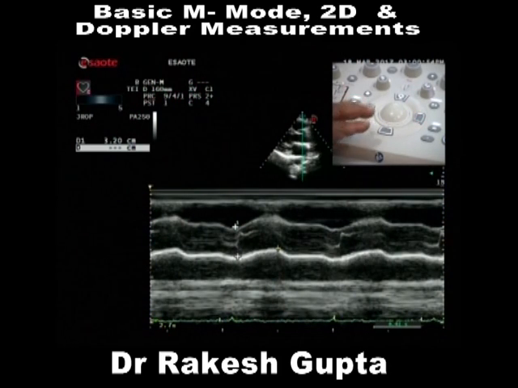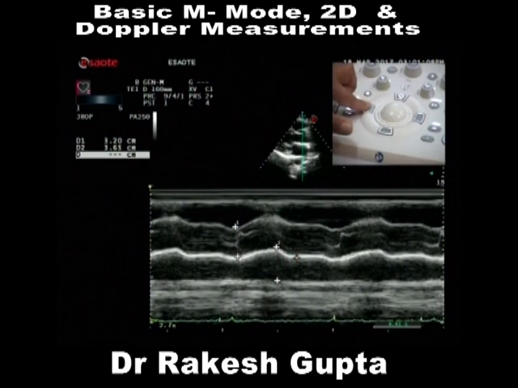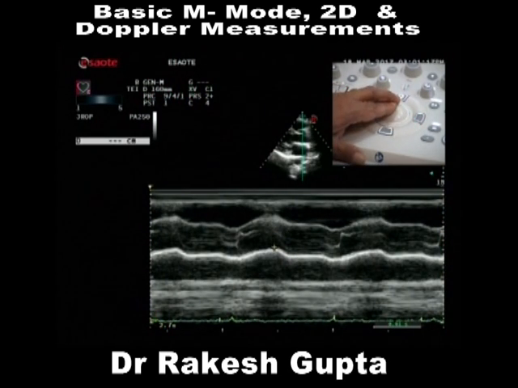Now this is the leading edge for this echo image, and once I touch it, I'll say enter. Suppose this is wrong. So what am I going to say? Escape. Or else I'll go back to measure again, and then come back and measure, then enter.